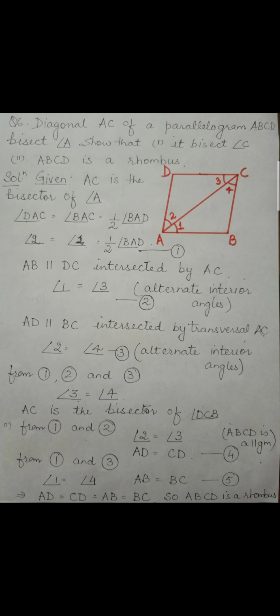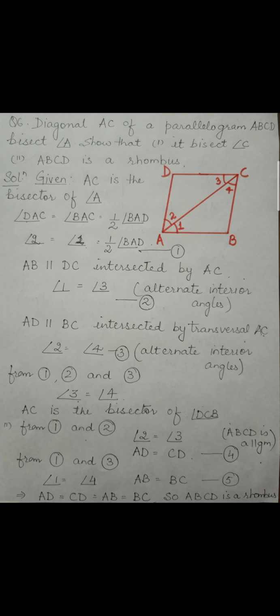So children, AC is the diagonal and it bisects angle DAB. That means angle DAC is equal to angle BAC. These angles are equal because AC bisects angle DAB.